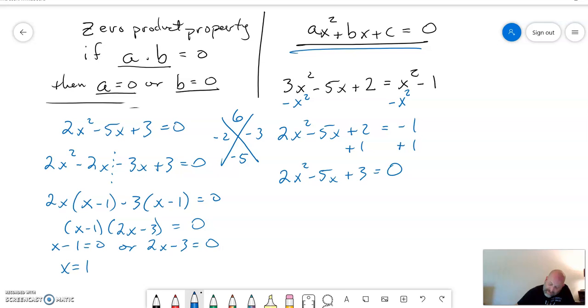On this side, if I add the 3 over, I get 2x is equal to 3, and then dividing by 2 gives me x is equal to 3/2. And so we end up with these two solutions to our equation.